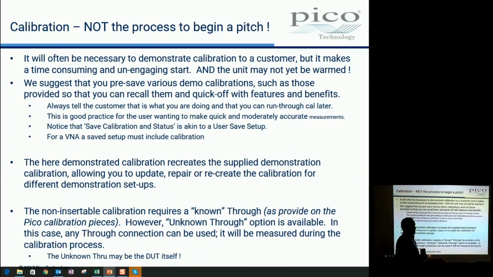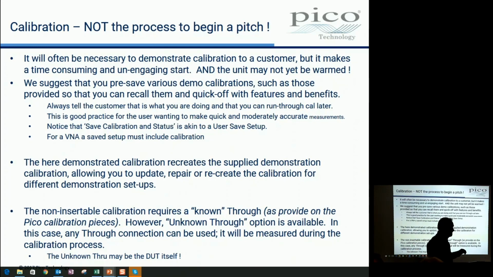However, we also have the option of calibrating with the unknown through. And this is a nicely convenient calibration for the customer. Not every cal kit that they might have has a short, open, load and through, because that cal kit was defined to be calibrated with the unknown through.